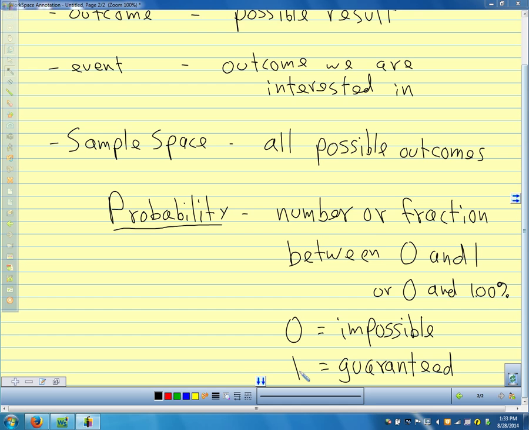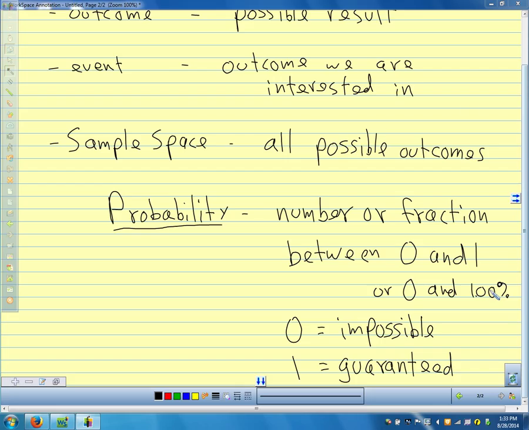If it's 10%, that's okay. But if your fraction is 10 over 1, you've made a mistake. Your probability has to be a number or fraction between 0 and 1, and when you convert it to a percent, it's between 0 and 100%. All right, we good here?